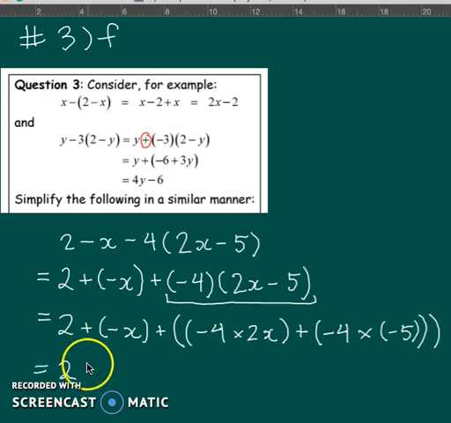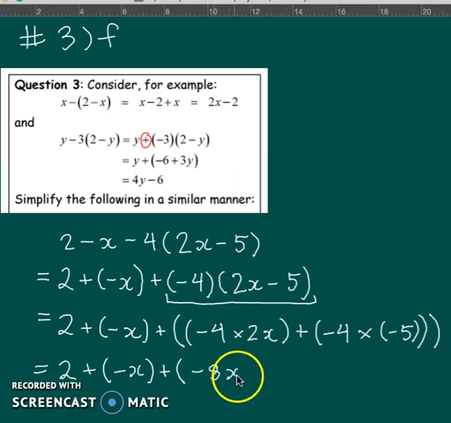I'll rewrite the first part. And now I can start solving. So what is negative 4 times 2x? A negative times a positive is a negative, so that's going to be negative 8x.